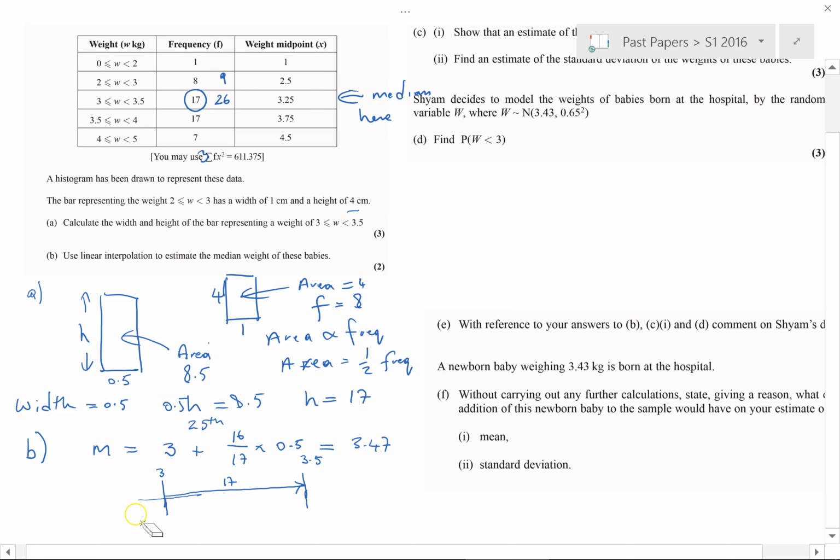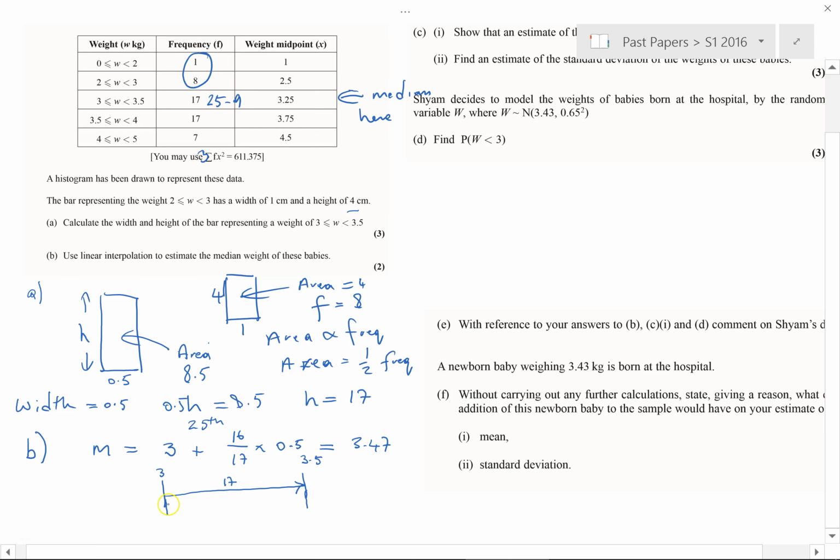And then we want to find the 16th, because basically we've got 9 up to here, and then a further 16 would give us the 25 up to there. So we want the 16th, which is equal to the 25 take away the 9 from before, which have occurred before.